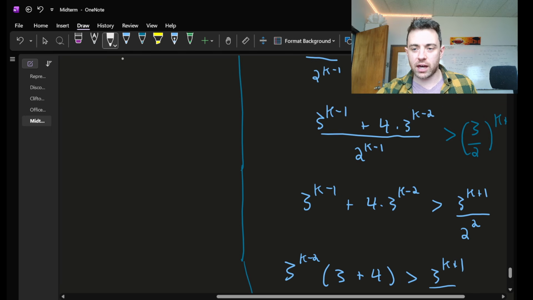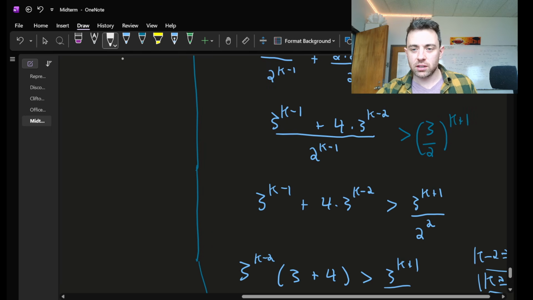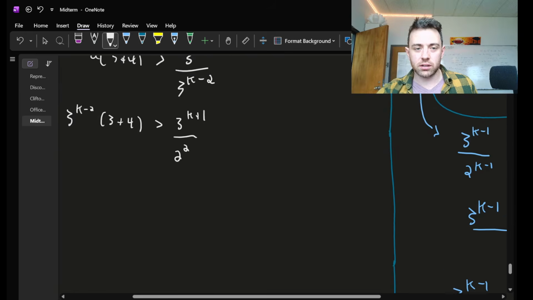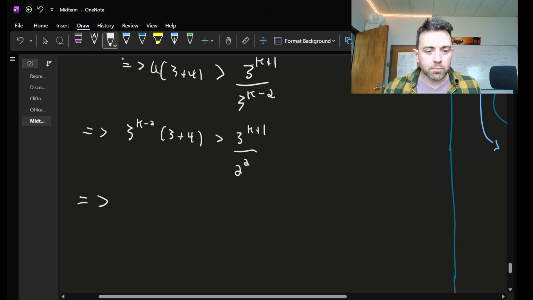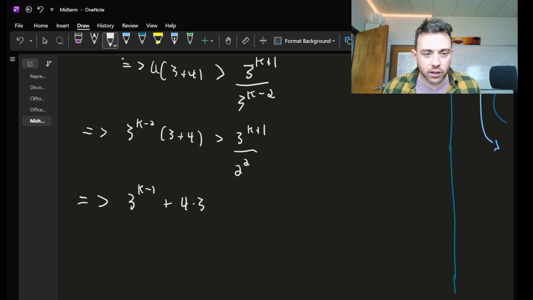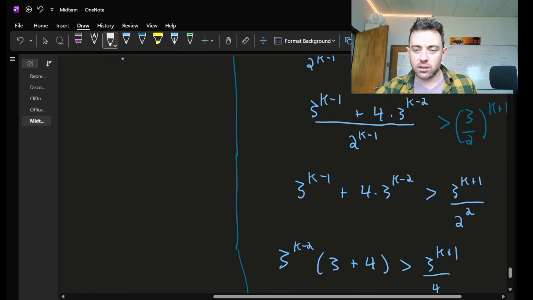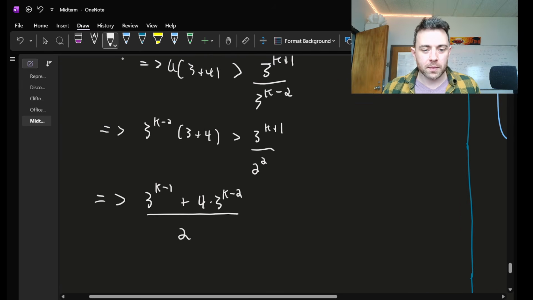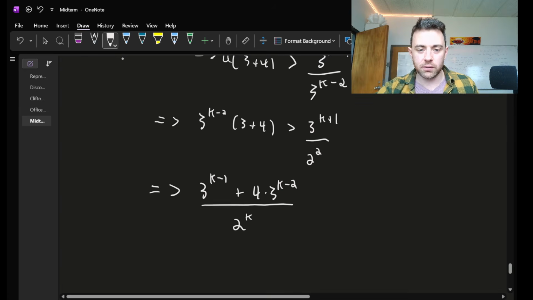which implies that, let's see, so we could go 3k minus 1, so we go 3k minus 1 plus 4 times 3k minus 2 over 2 to the, what do I want to divide by? 2 to the k plus 1? 2 to the k plus 1 or minus 1? 2 to the k minus 1.